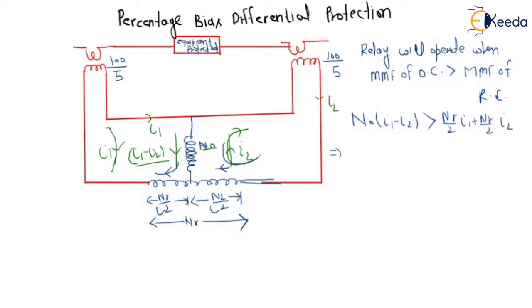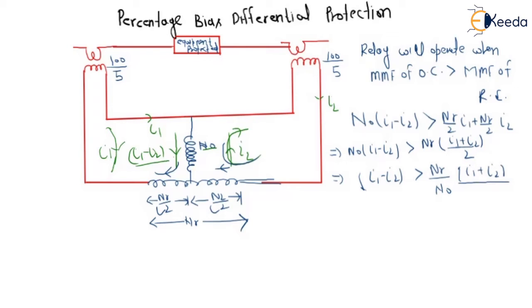So N naught into I1 minus I2 must be greater than NR into I1 plus I2 by 2. So if the relay has to operate, then I1 minus I2 must be greater than NR upon N naught into I1 plus I2 by 2. So this is the condition.